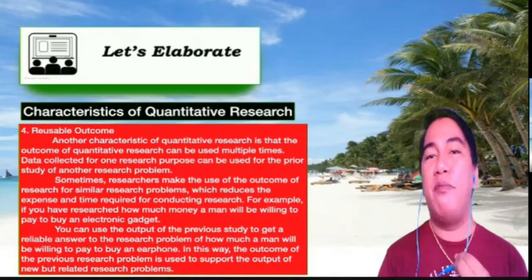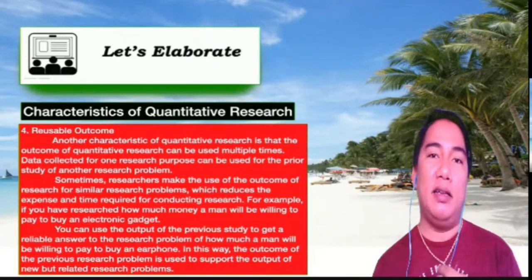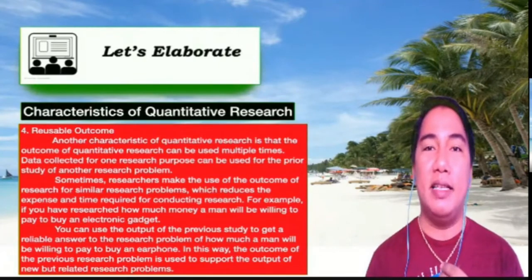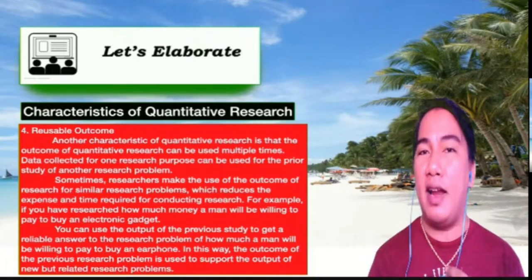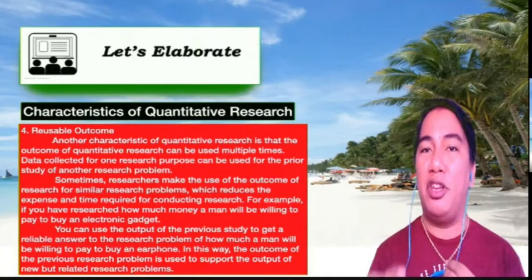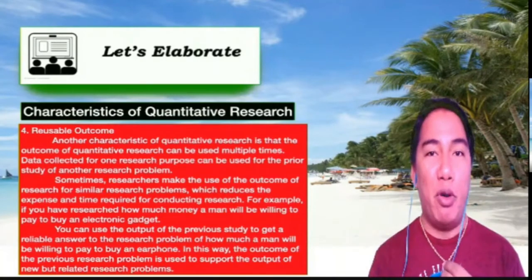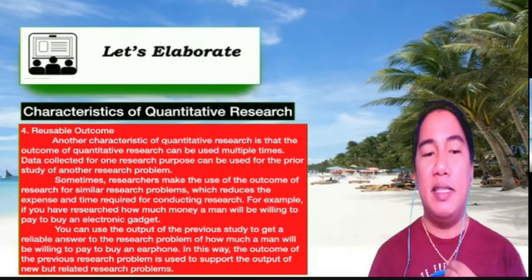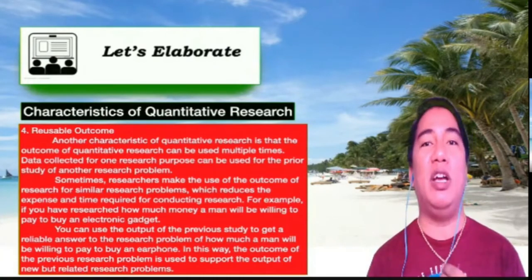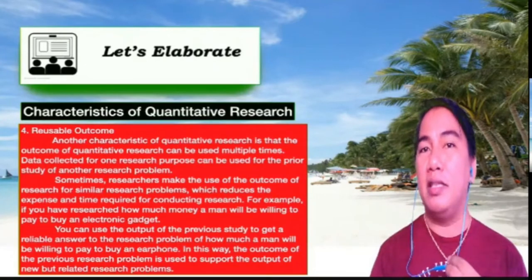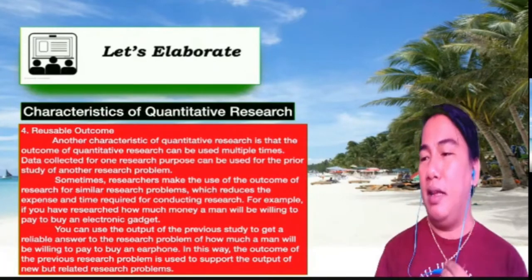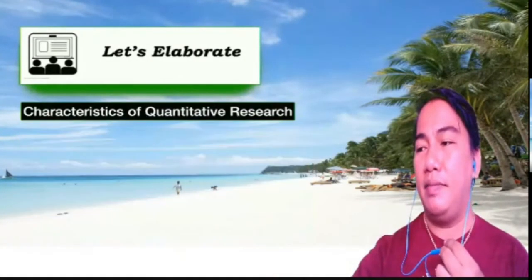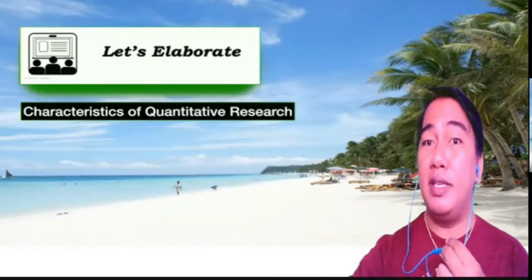We review the past collected studies, the previous studies, and you use them as reference to interpret your new study or to support your new study. Through this, the information you gathered now is better validated because of the past information. Okay, so that is what reusable outcome means. Aside from books, there are also past studies.